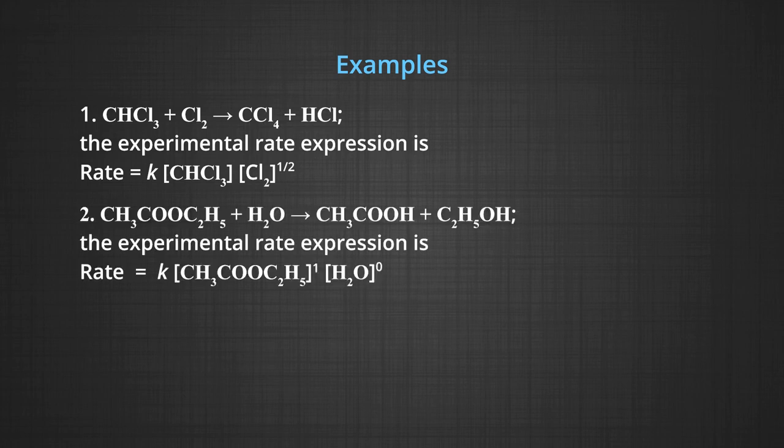Another example: CH3COOC2H5 plus water. CH3COOC2H5 is an ester, and this is an example of hydrolysis of an ester. What we get is rate equals k, [CH3COOC2H5] raised to power 1 and the molar concentration of water raised to power 0.